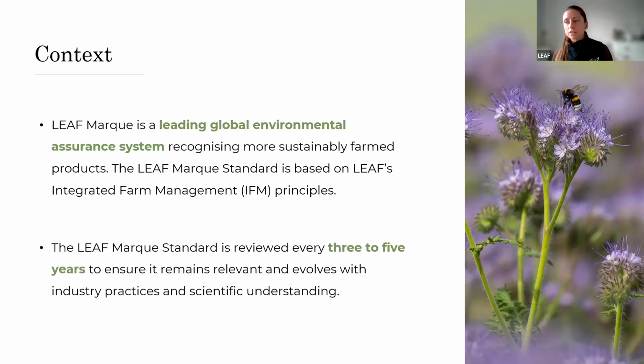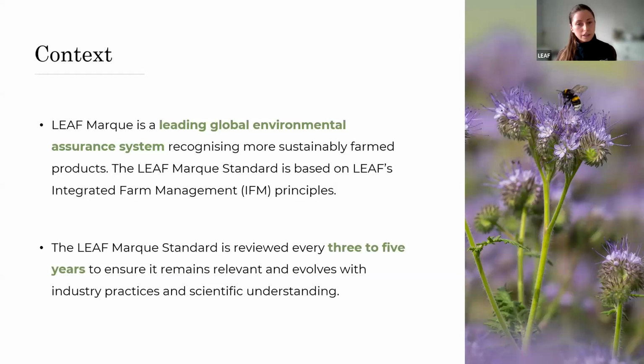And the LeafMark standard is based on Leaf's integrated farm management principles. There are 9 principles that cover different areas of a farming business, and integrated farm management recognizes that nothing in farming acts in isolation. So how you're managing one area of your business will likely have an impact on another area. For example, how you're managing your soils might have an impact on water and vice versa.